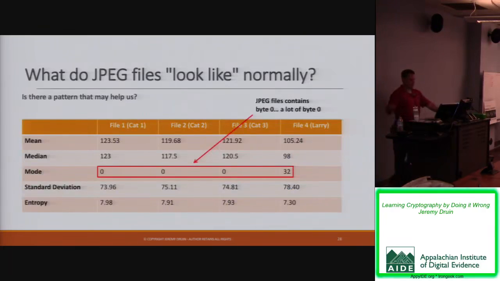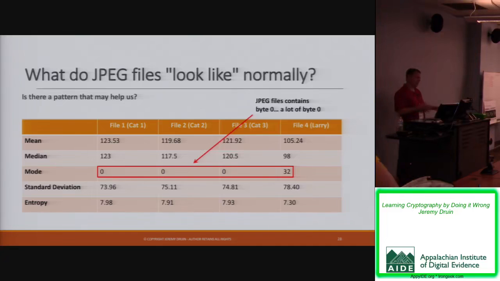So finally, we get this chart that basically shows that the mean, it turns out, is probably not super interesting, except for the fact that the mean does tell us JPEGs do not have a normal distribution. Great. The mode has predominantly zeros, all except for Larry Bird. That's going to come in super handy. Again, the mode is the popularity contest of statistics. The mode is the most popular character in the file.